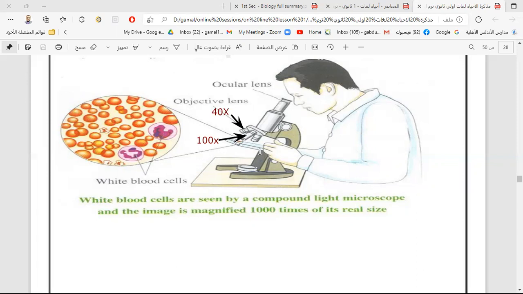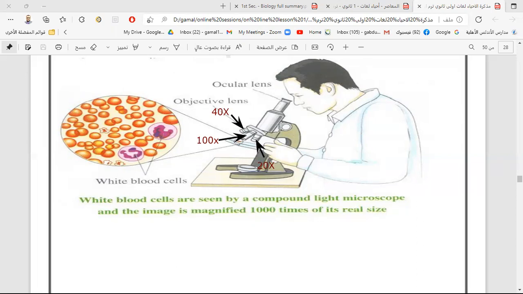And this lens, for example, has a magnification of only 20x. So you have to change the objective lens as you want to use its magnification.